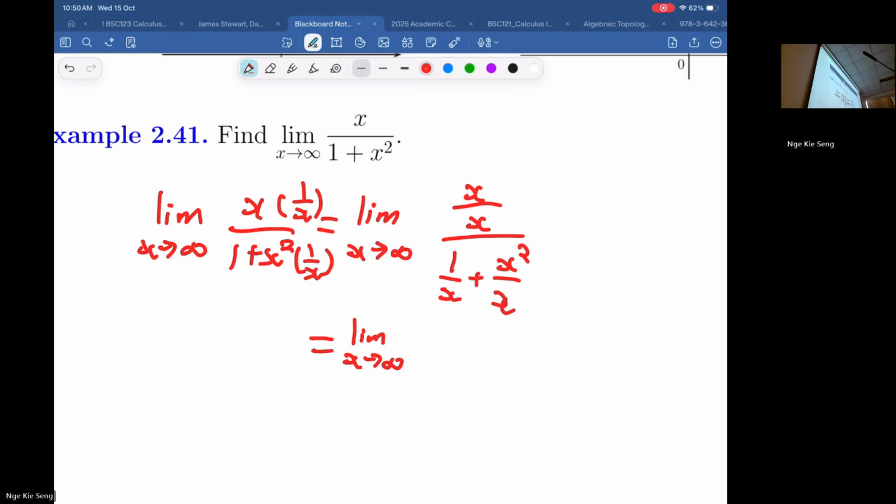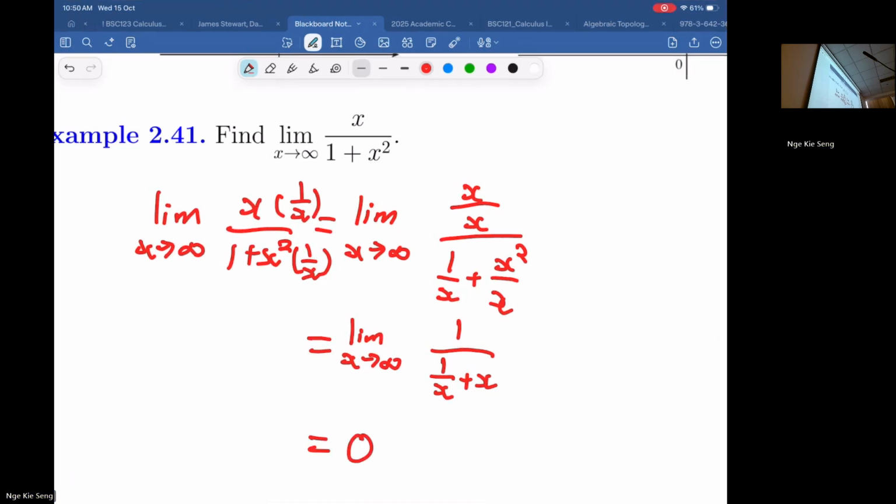So this is 1 over (1 over x plus x). But in this case, what happened? The top is 1. The bottom, 0 plus infinity, is infinity. So it's 0, because the bottom goes to infinity.